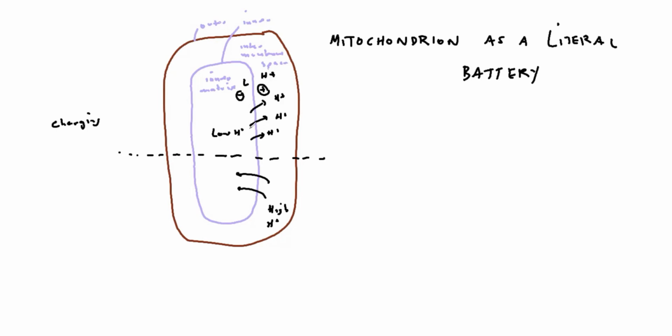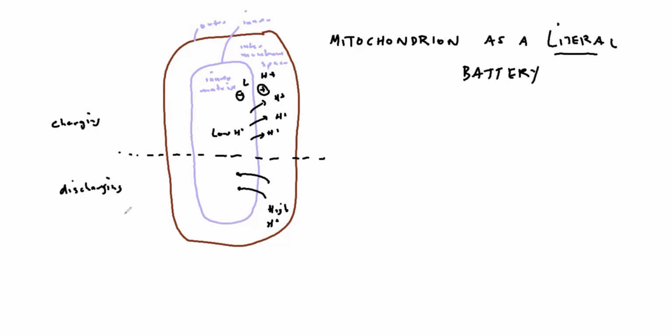If you went in with a little electrical meter and put one probe on the inner matrix side and another on the intermembrane side, you would see a real voltage. That voltage difference is what makes the mitochondrion a literal and not just a metaphorical battery.